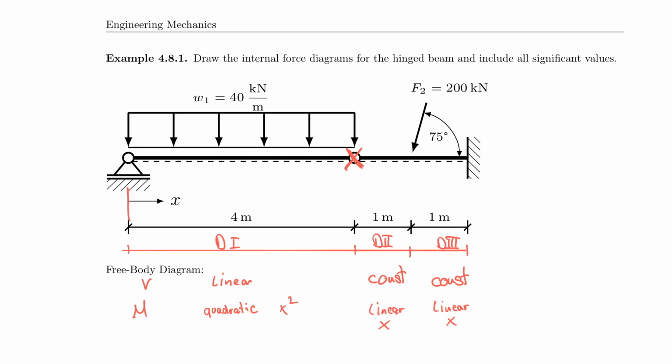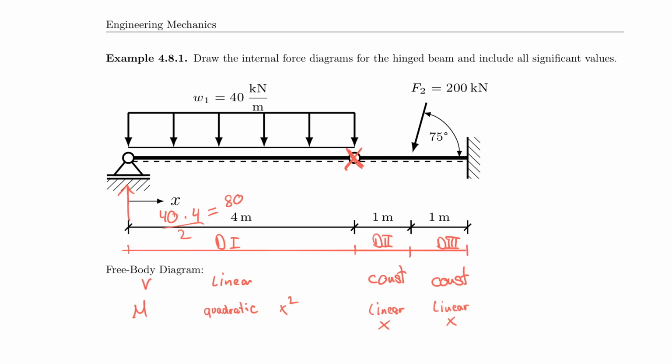So RAY puts that in balance. So let's look at that. So I have 40 times 4 divided by 2 effectively, right? So that would be 80.